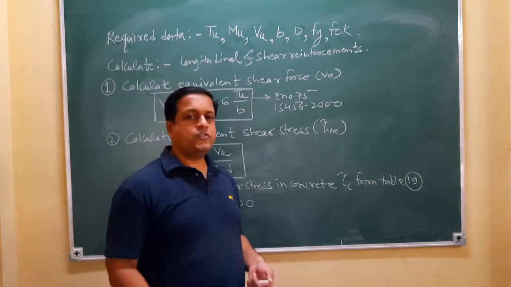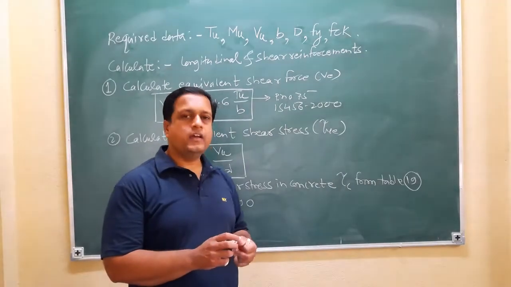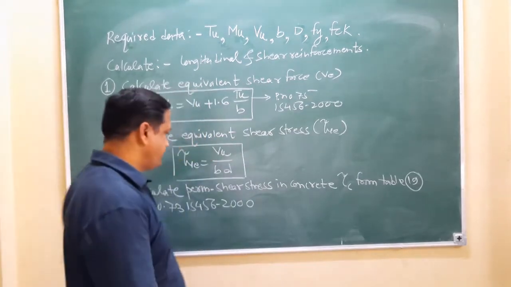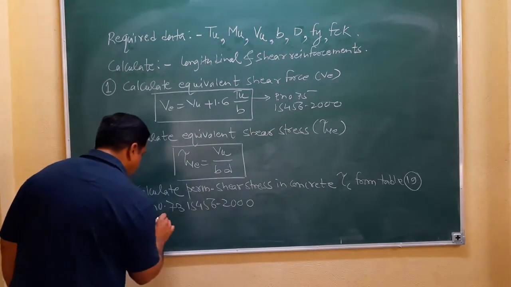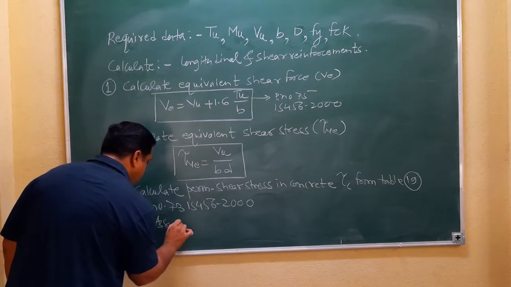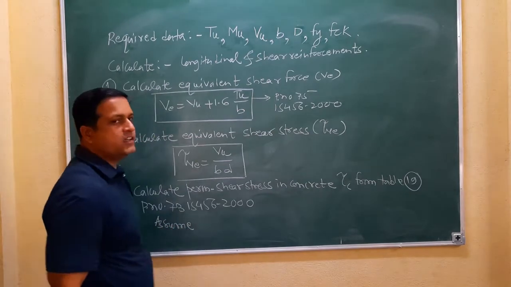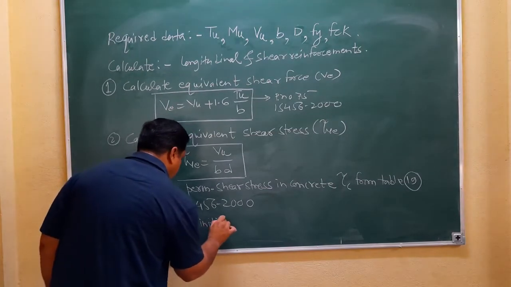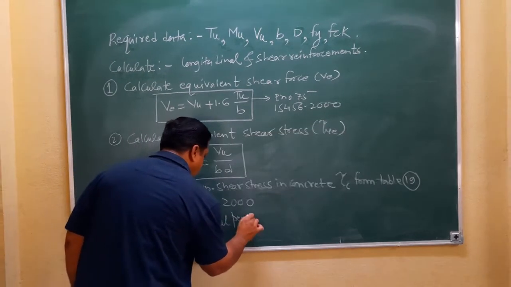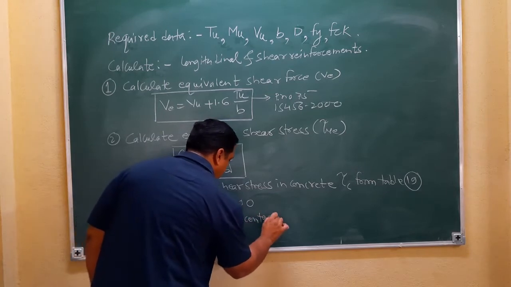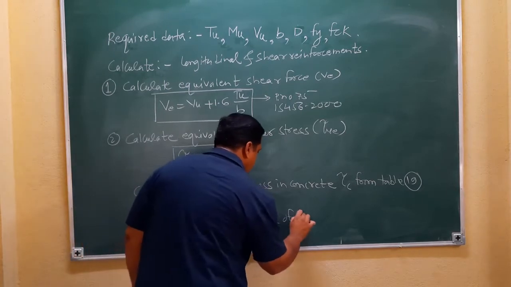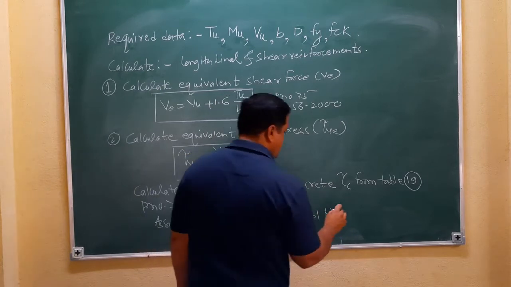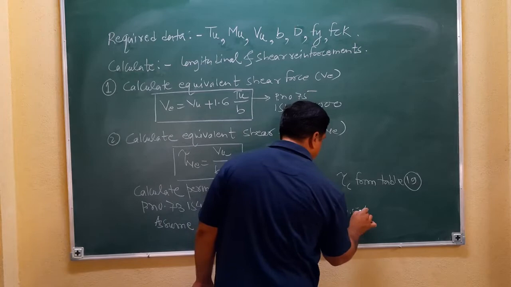For calculation of tau c, we require the percentage of steel, PT. For that you have to assume an initial percentage of steel, PT equal to 0.5%.